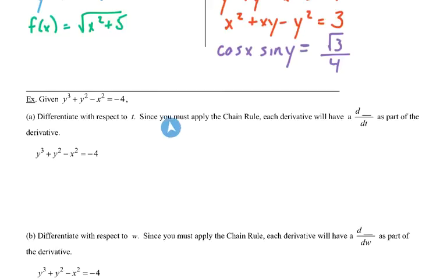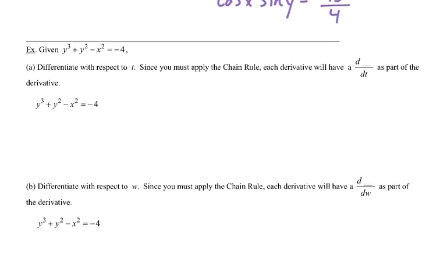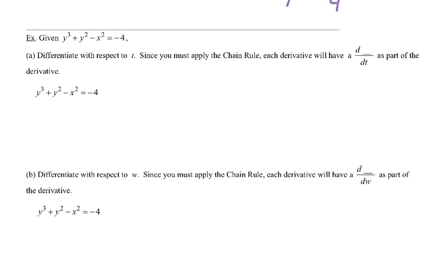We're going to use the chain rule for every single derivative that we take. Each derivative is going to have a derivative of its variable with respect to t as part of the derivative. So let me show you that example. We would take the derivative of y cubed, which would be 3y squared. But now we want to take the derivative of whatever variable I was working with.